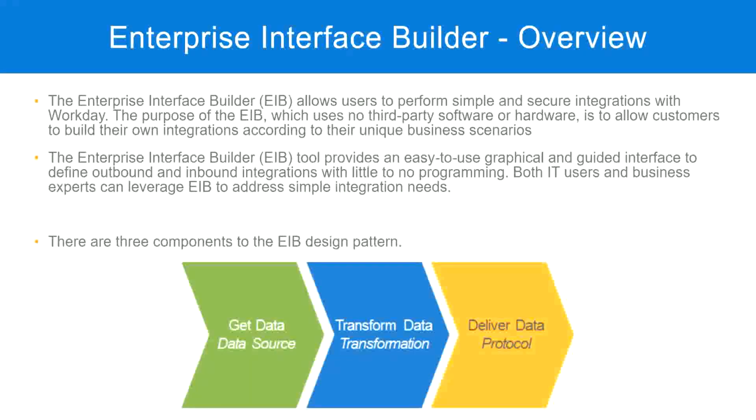That is something we have to configure. Do we need transformation? If yes, configure that. If no, leave it blank. And then deliver the data: how are we going to send the data to an external system? We have to configure that as well. Once we do these 3 steps, our EIB is ready, and we are going to start exchanging information from Workday with an external system.